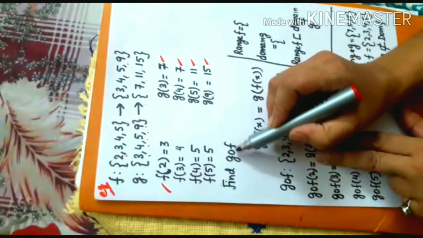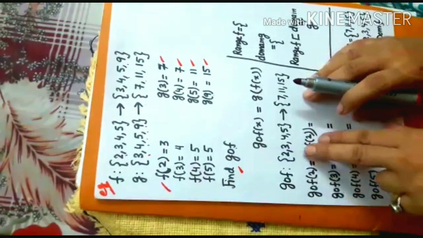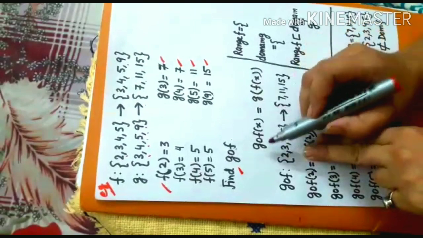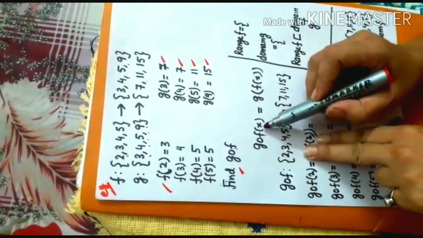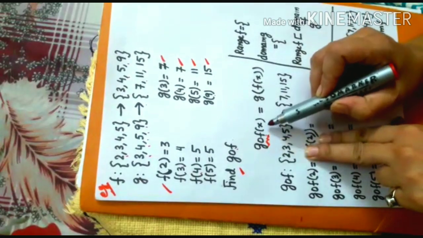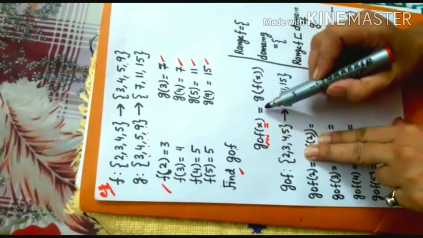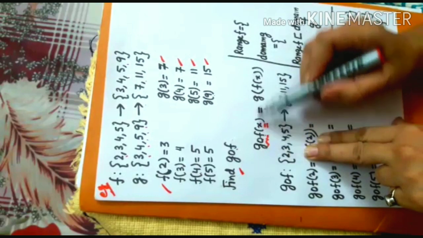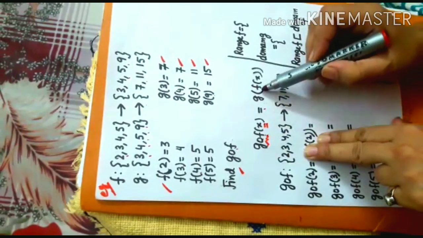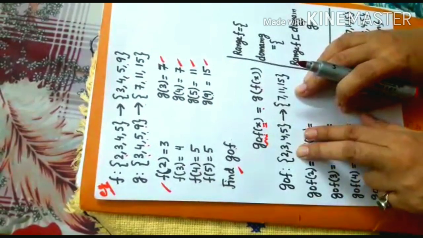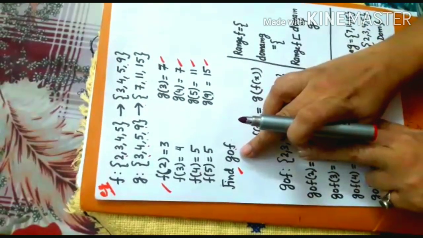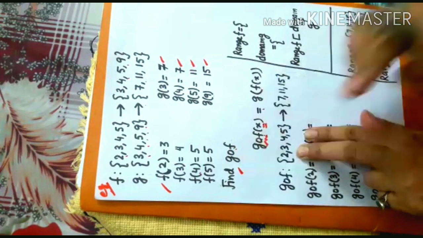Now we are to find out the composition function gof. gof is defined as, under this function gof, image of x is g of f(x). Now first we have to check whether this composition function will exist or not.